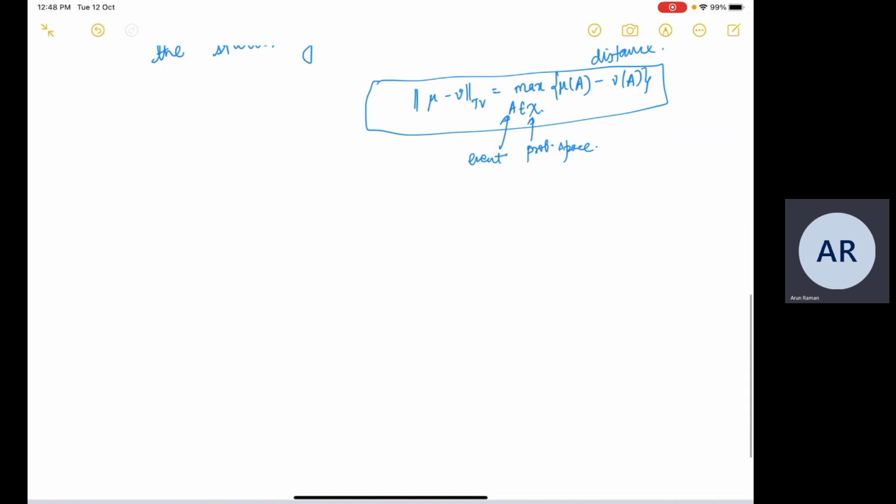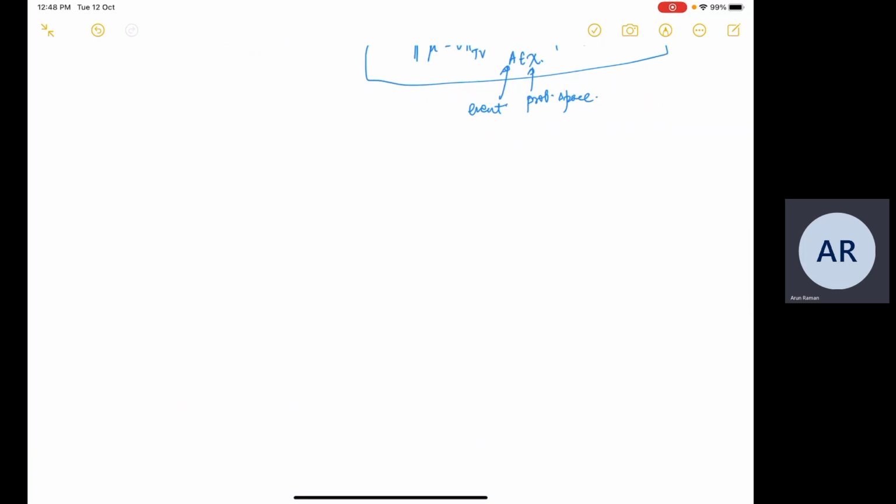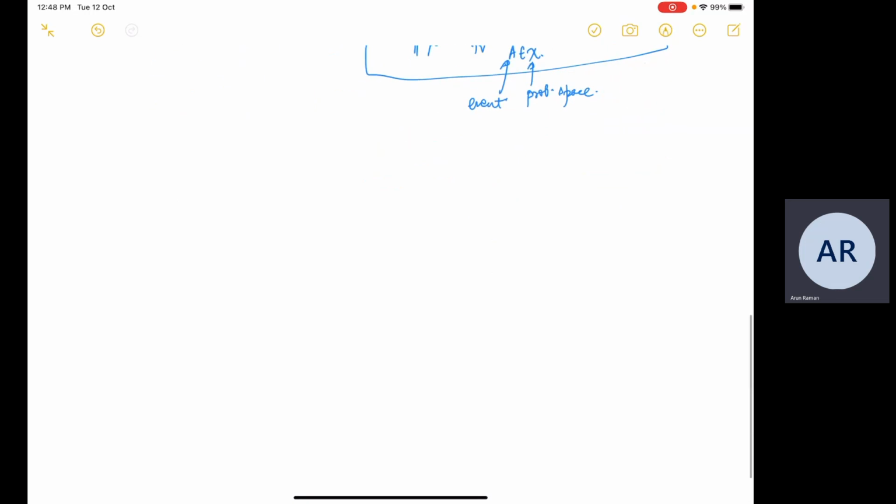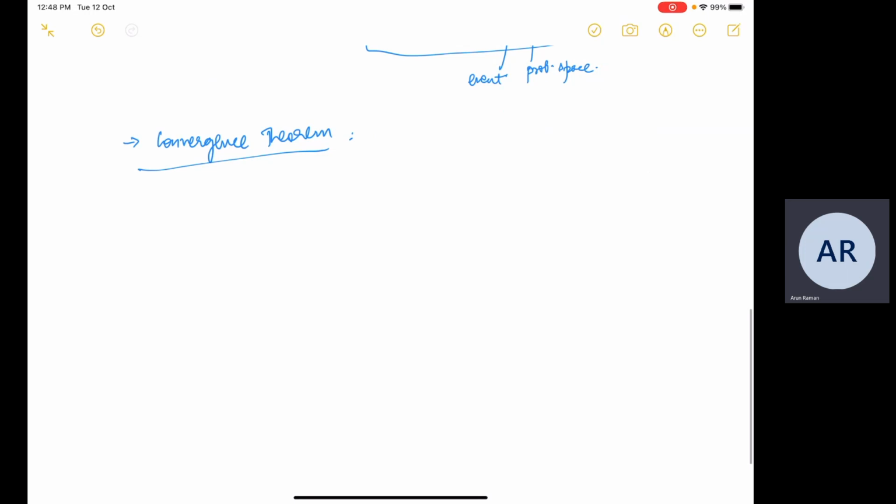But there are two results we will look at today, before going into the Metropolis Hastings algorithm. First is the convergence theorem. It says that if P is the transition probability matrix, after T steps, this converges to pi.